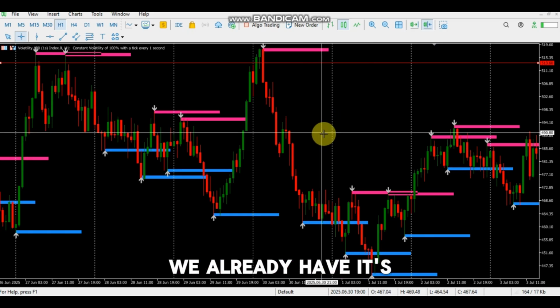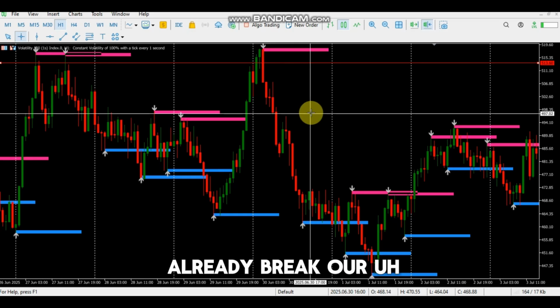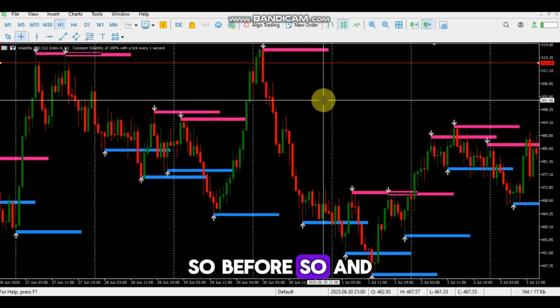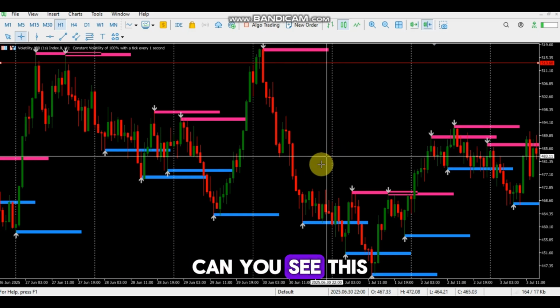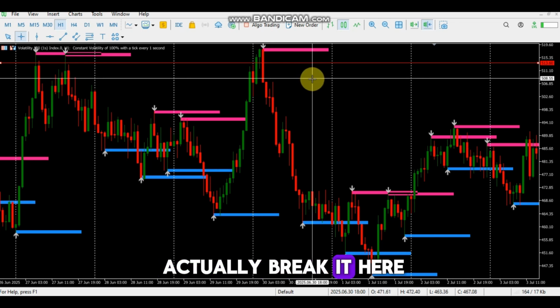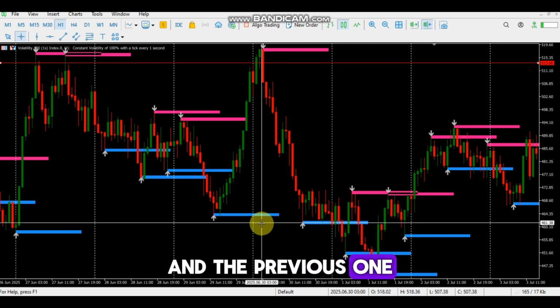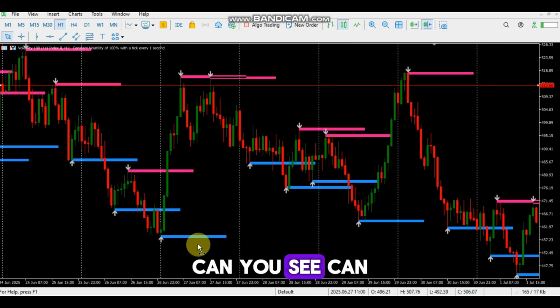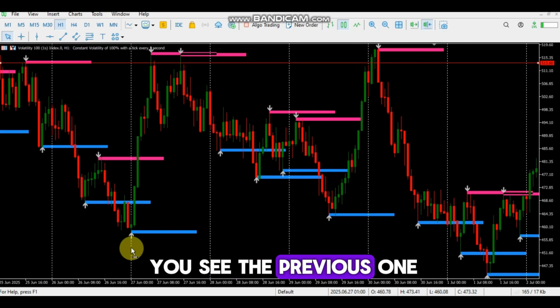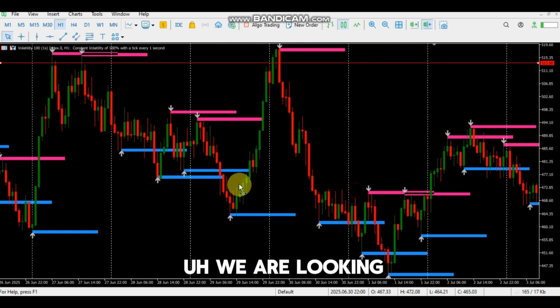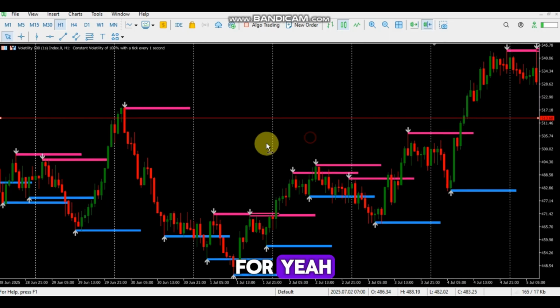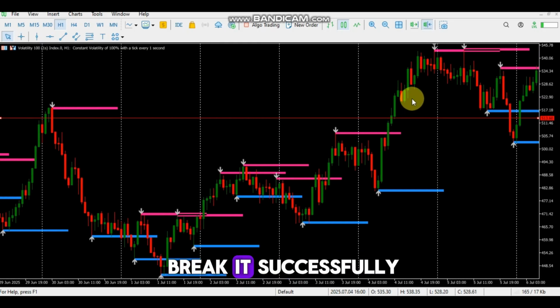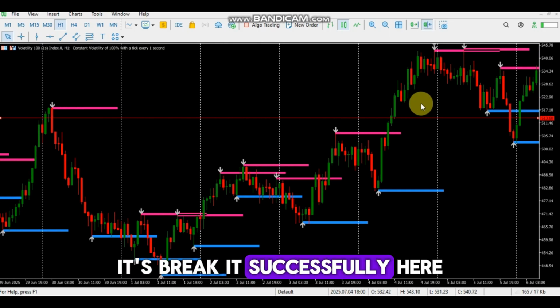In situations where it already broke our structure before, and it broke our first window, can you see this is the buy that actually broke it here, and the previous one? This is where it broke successfully.